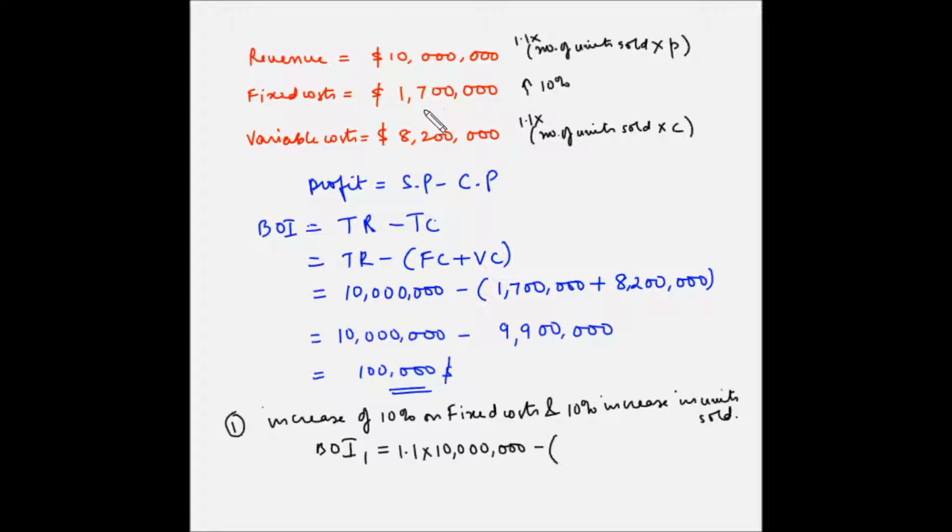So we have to multiply this number by 1.1. So 1.1 multiplied by 1.7 million, plus the variable cost, which has also increased by 10%. So 1.1 multiplied by 8.2 million.